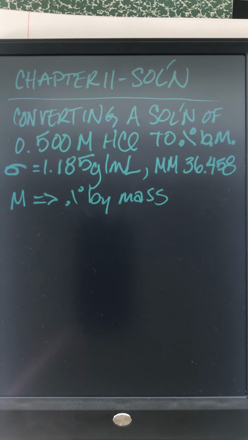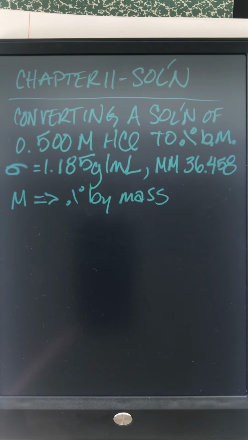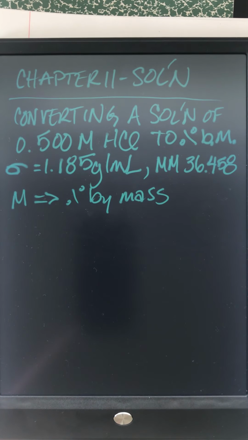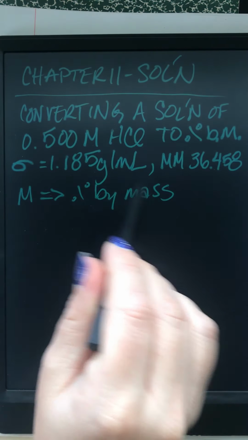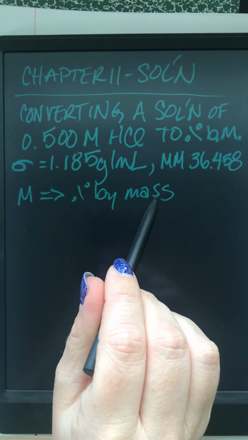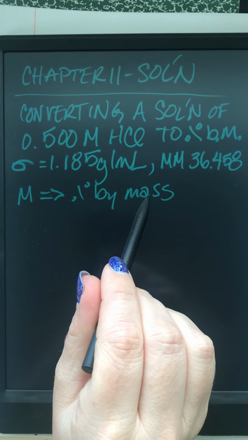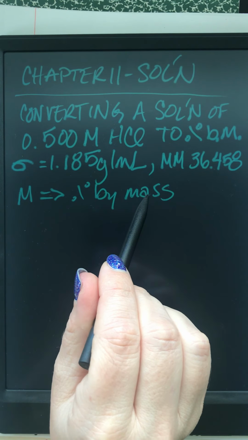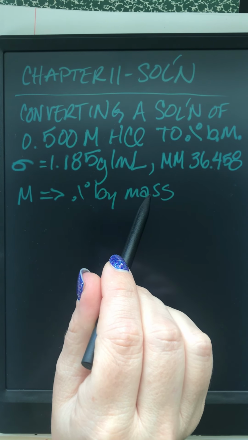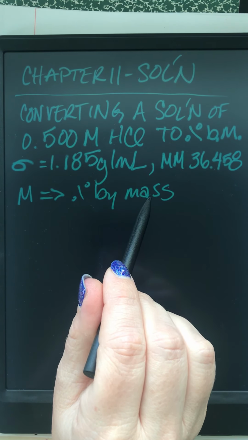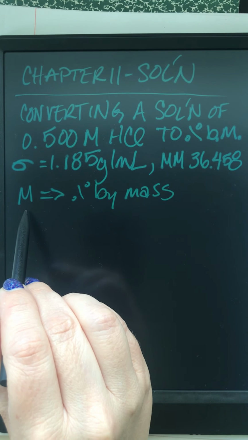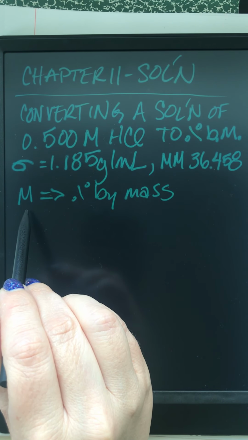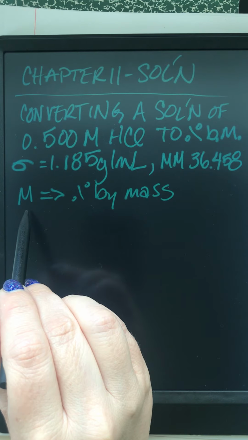You guys remember when we were doing solution calculations, I said the first thing you always want to do is translate out of these types of units and translate into a unit that you can actually use for dimensional analysis, right? That's the hardest part of these problems, right? So what does molarity stand for? Moles of solute per liters of solution.